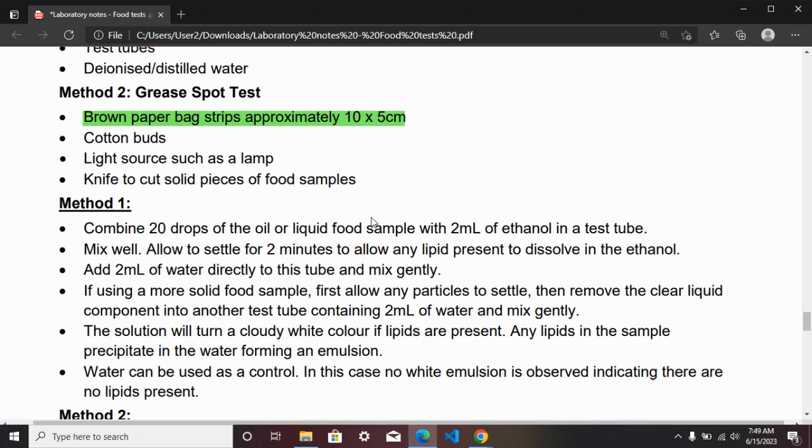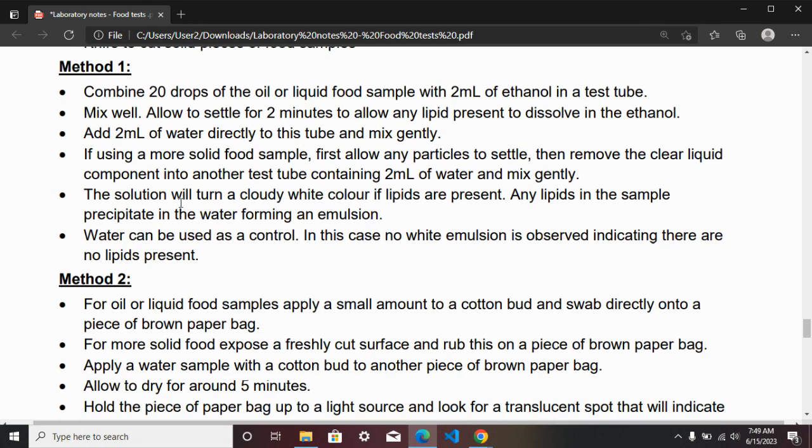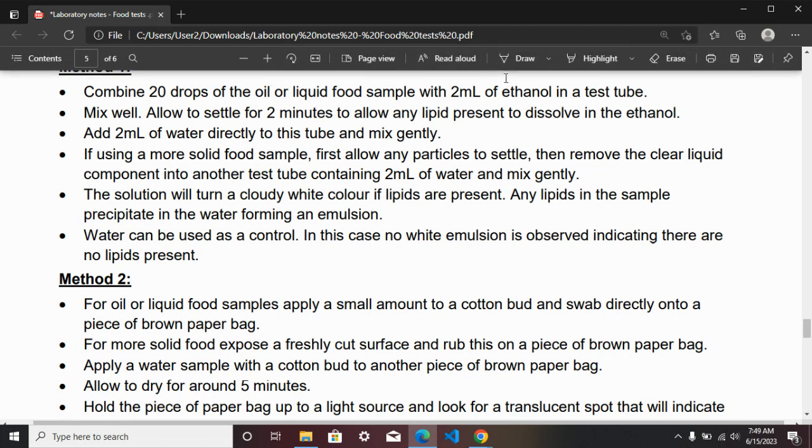So in the first method, combine 20 drops of oil or liquid food sample with 2 milliliters of ethanol in a test tube. Then mix them well, and allow them to settle for 2 minutes to allow any lipid present to dissolve in the ethanol. Add 2 milliliters of water directly to this test tube and mix gently.